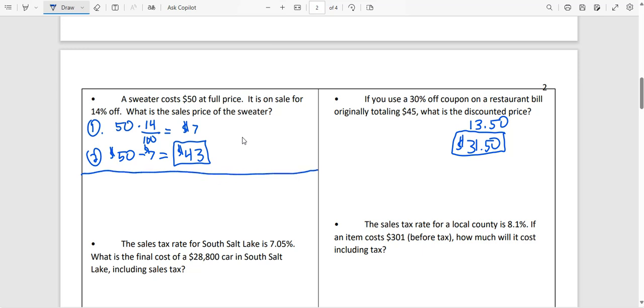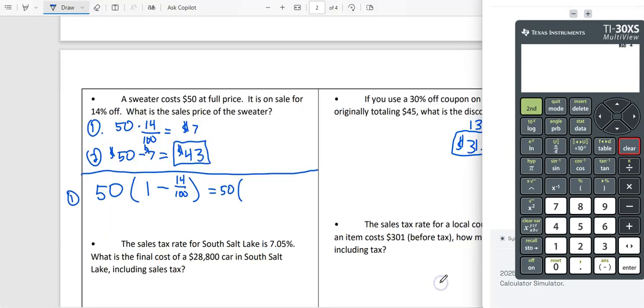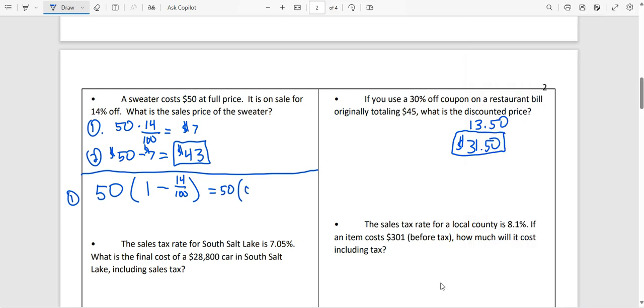All right, so the 14% off, we would take our initial cost, this is now just a one-step approach, and multiply by the multiplier, which would be 1 minus 14 over 100. And 1 minus 14 over 100, let's work that out so we can see what we're actually working with. 0.86.